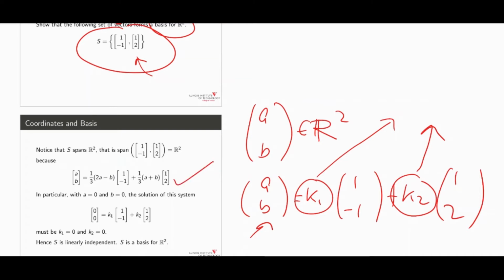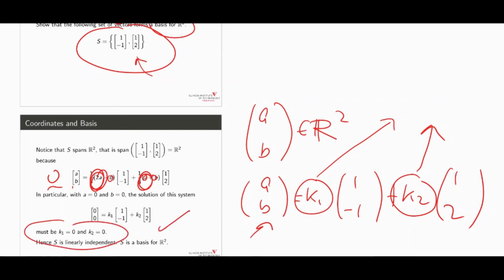So the span part works well, and as I said, if you have the answer for the span, you get the answer for linear independence pretty easily, because this holds for all (a, b). In particular, if you select this to be 0 and 0, you will see that the coefficient here has to be 0, and the coefficient here has to be 0. So in order to reach the zero vector, there's only one way to do it: this has to be 0 and this has to be 0.